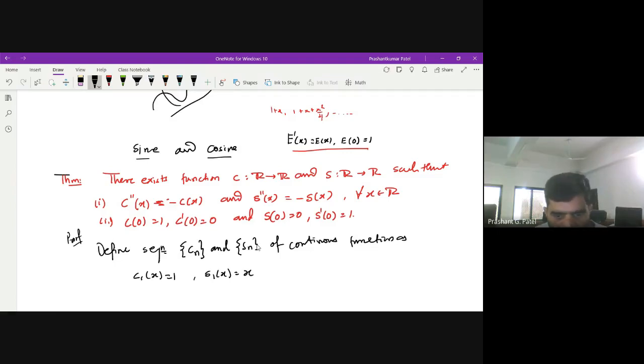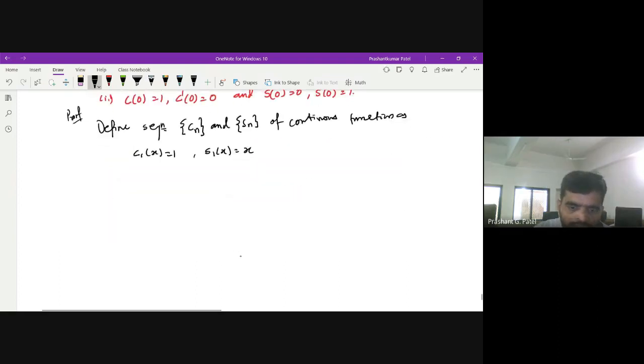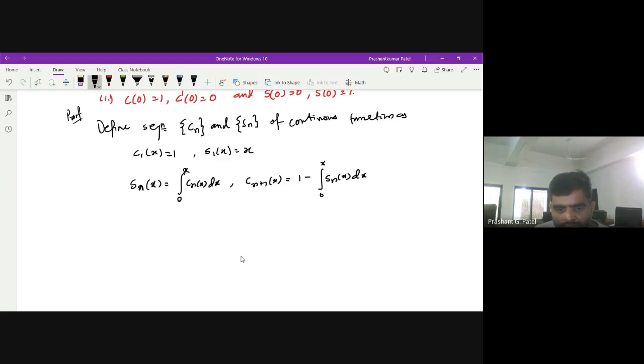And Sn of x and Cn of x we define using integration. That is, Sn of x is the integration from 0 to x of Cn of t dt, and Cn plus 1 of x is equal to 1 minus the integral from 0 to x of Sn of t dt. Call this equation 1, this one 2, and this one 3.